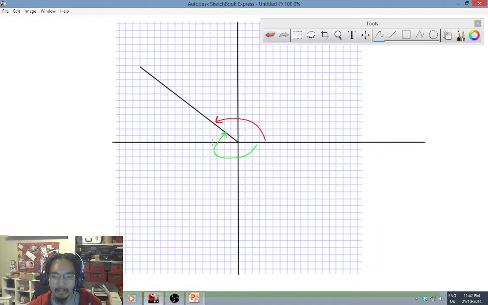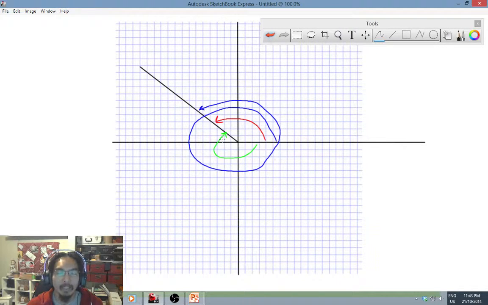If I were to draw an angle going round like this, the angle traced out by the blue line is coterminal to the angle traced out by the red line, which is also coterminal to the angle traced out by the green line. As long as the angles all have the same terminal line, they will be coterminal to each other. That's what a coterminal angle is.